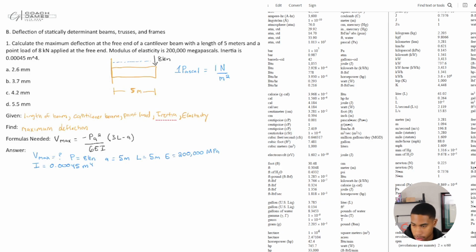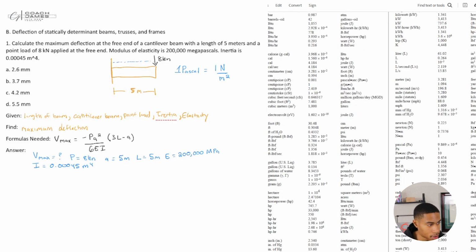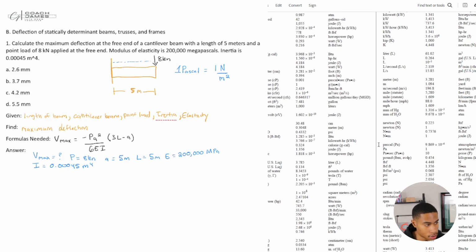And here, 1 Pascal equals 1 Newton over meter squared. So that is in fact true according to this chart. So that's why I use it.